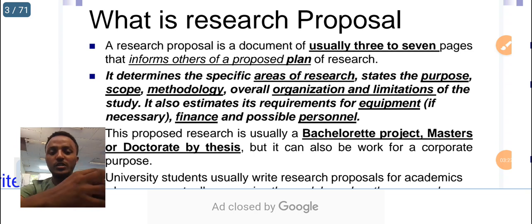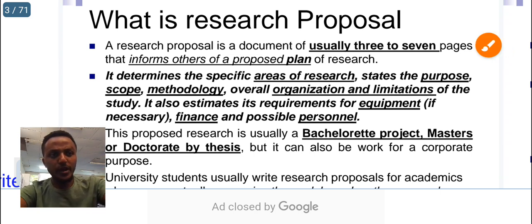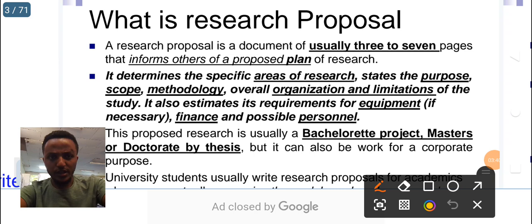Another is whether he is conducting it alone or with colleagues. That's personnel. How much finance is he requesting for this research paper? Also in which methodology, what materials he may require, and the basic scope.